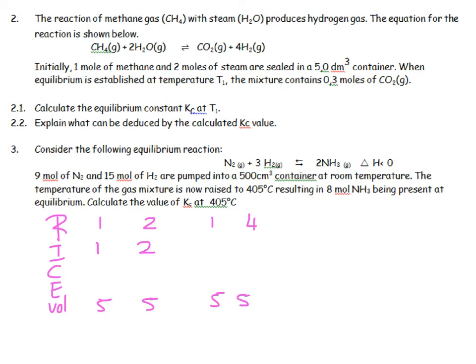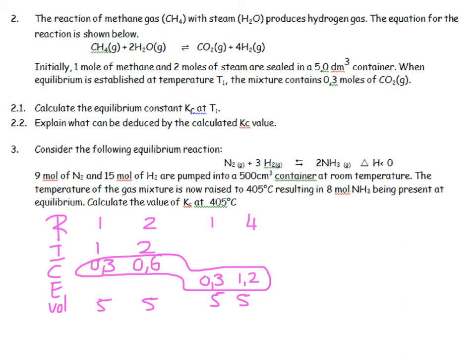Equilibrium is established, and the mixture contains 0.3 moles of carbon dioxide. I need to link the consumed of the reactants with the equilibrium of the products, and I go 1:4 as 0.3 is to 1.2, 1:2, 1:1 as that's to 0.6 and 0.3.